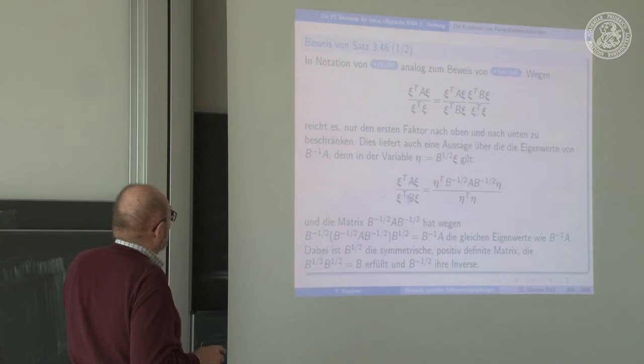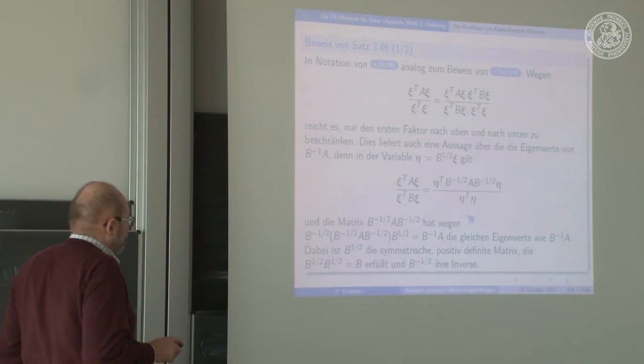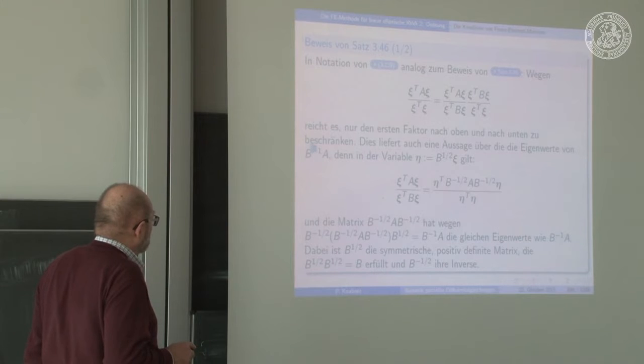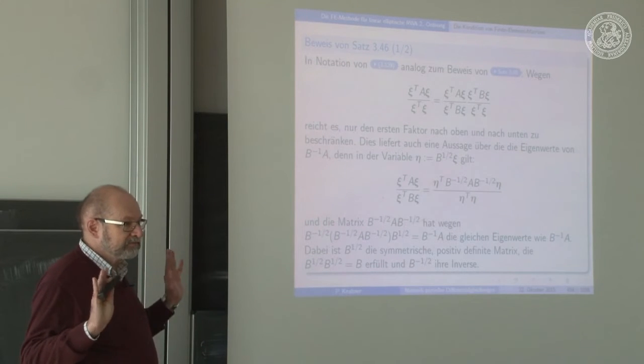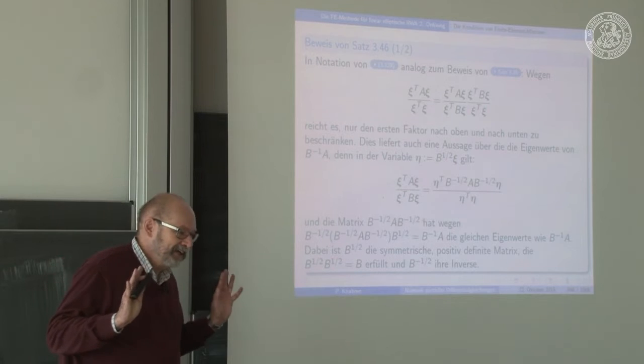If we only look at this factor and forget about the other factor, what we are doing, in fact, is estimating the condition number of a matrix transformed by a similarity, namely the matrix B to the minus 1 times A. Why? Look at this new variable eta being B to the square root of psi. So what is the square root of a matrix? Is this clear to everyone? Okay.